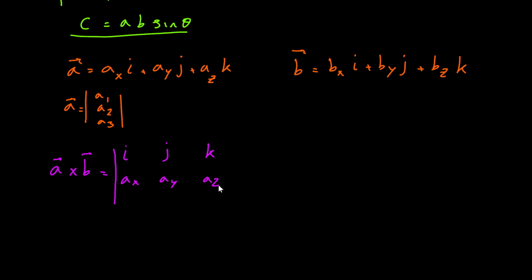The third row is going to be the second vector, vector B. So BX, BY, BZ. And we do the multiplication of the 3 by 3 matrix, and that's how we get the cross product of AB.